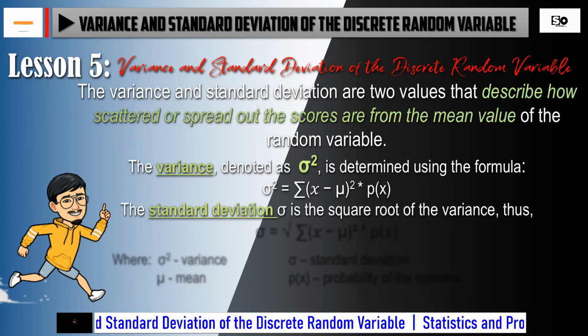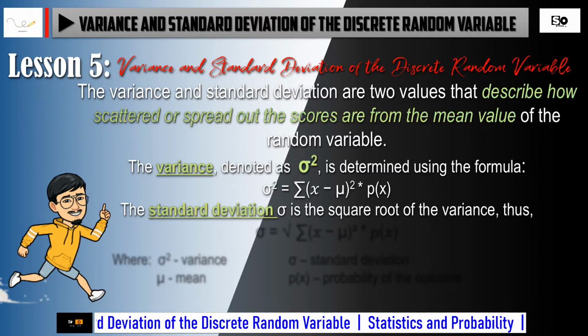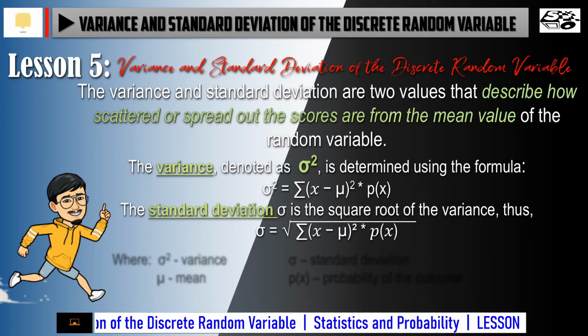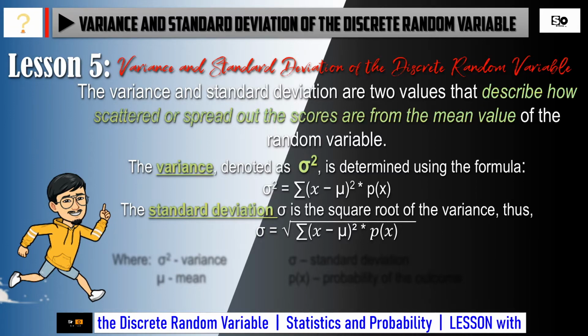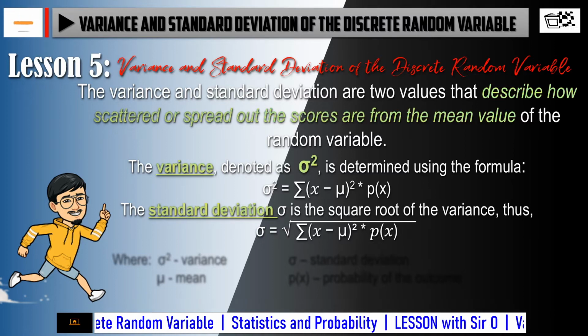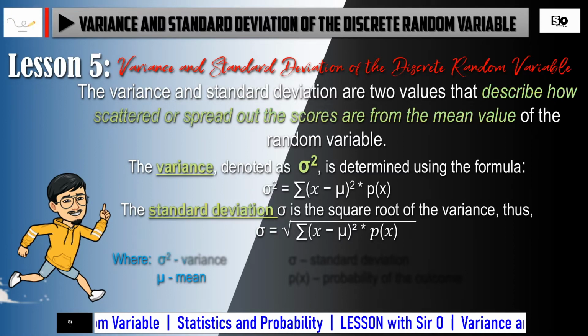The standard deviation is the square root of the variance. Thus, standard deviation is equal to the square root of the summation of the quantity x minus mean squared multiplied by P of x.